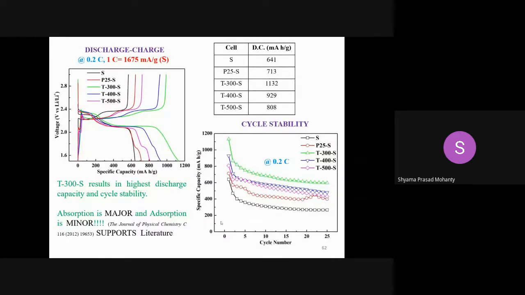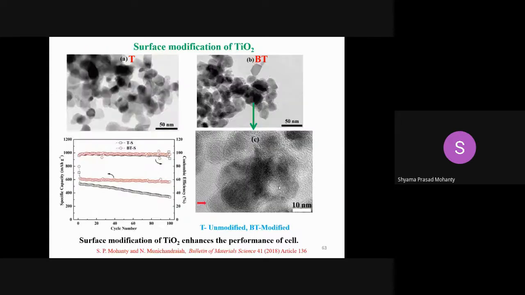So what we observed is that the titanium dioxide nanotubes which were prepared at 300 degrees Celsius were giving us higher discharge capacity and cyclic stability as compared to only sulfur or the TiO2 nanoparticles or the nanotubes which are calcined at higher temperature.